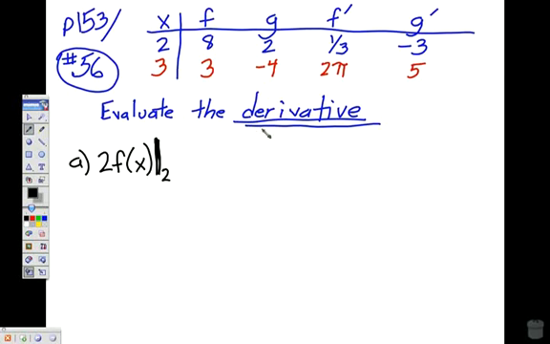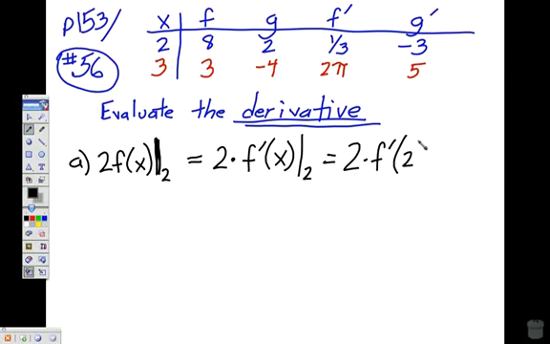But the question says find the derivative. So the derivative of 2 times f of x is 2 times f prime of x at x equals 2. In other words, 2 times f prime of 2.